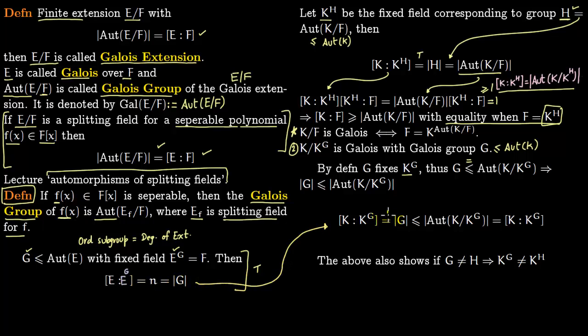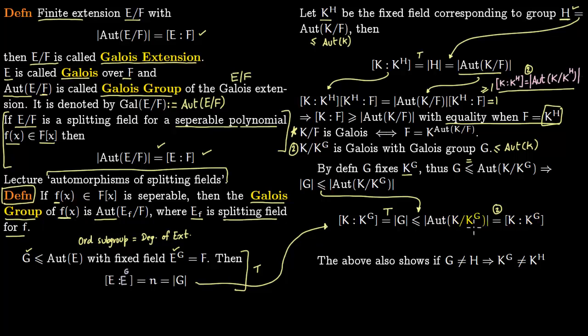So by theorem T, instead of E now you have K. So [K : K^G] is equal to the order of group G, which is less than or equal to, so this less than or equal to is coming right here, and this is equal to [K : K^G]. So instead of H now you have G here. So this thing, say number 2, I'm copying number 2 here.